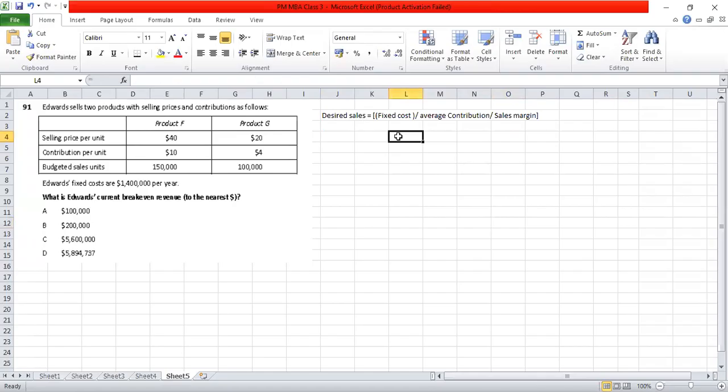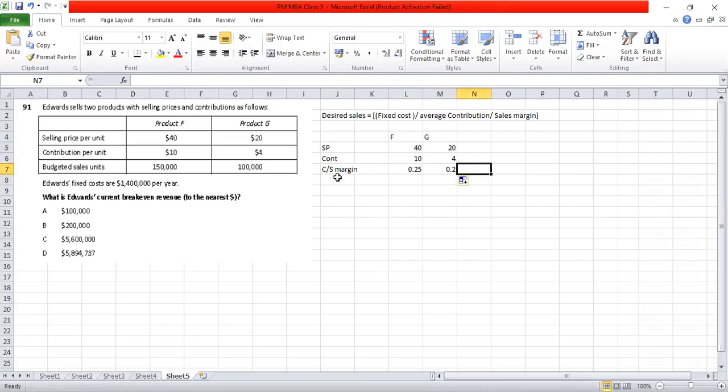Product F and then product G. So product F has selling price of 40 and here it is 20. Then product G has contribution of 10 and 4 here. So contribution by sales margin or ratio, which will be 10 divided by 4, and then here also the same thing.